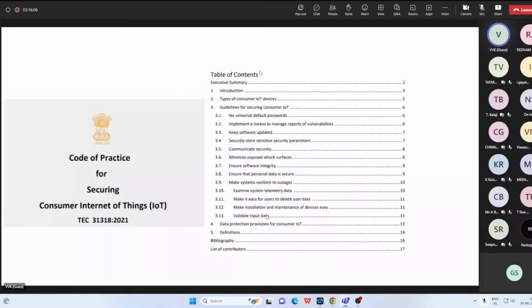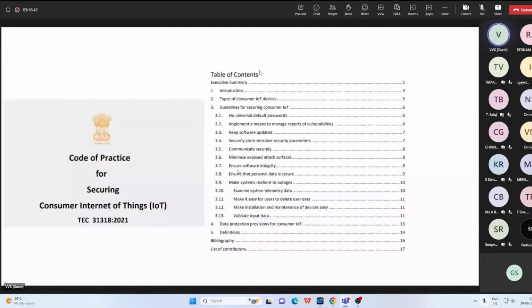It covers: no universal default passwords, implement a means to manage reports of vulnerabilities, keep software updated, securely store sensitive security parameters, communicate securely, minimize exposed attack surfaces, ensure software integrity, ensure that personal data is secure, make systems resilient to outages, and examine system telemetry data. This is specific to consumer IoT.